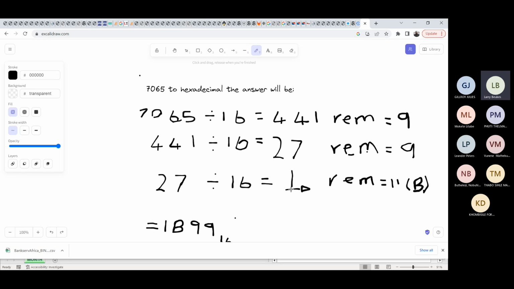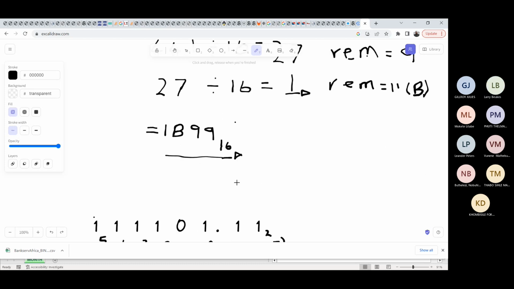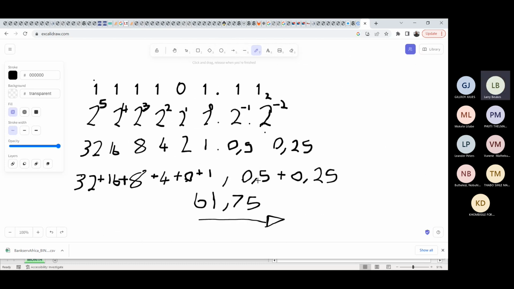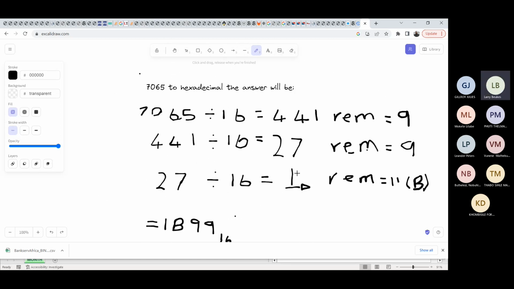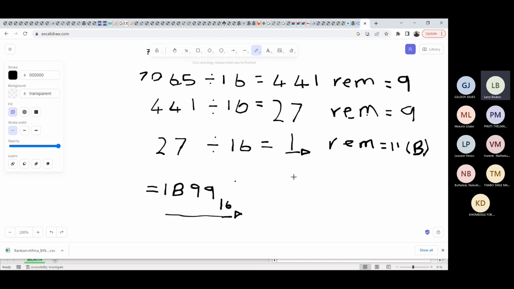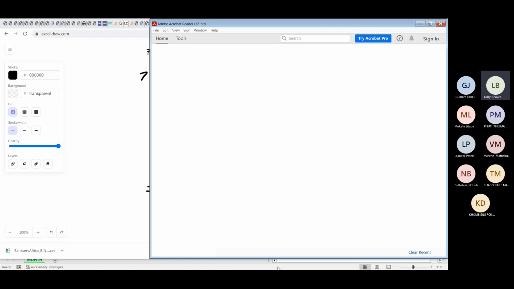So our product was 1. We took the 1, then we took all the remainders and put them as part of our answer, right? Base 16. Okay, so you have this always in your exam. We're basically focusing on question 1 of your exam papers.